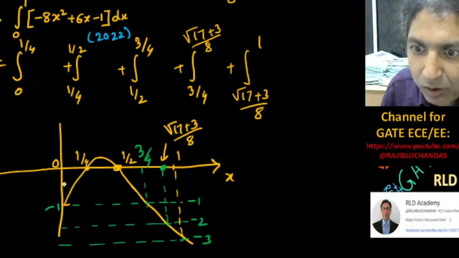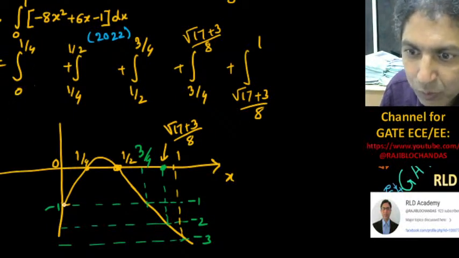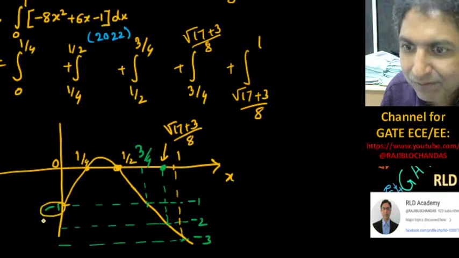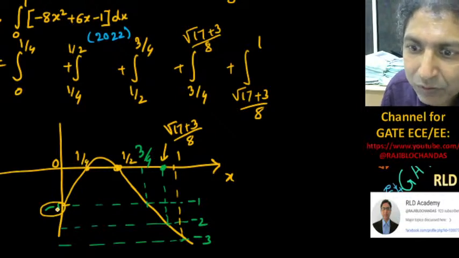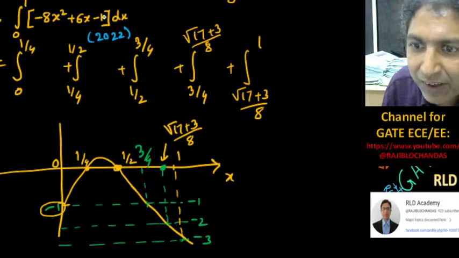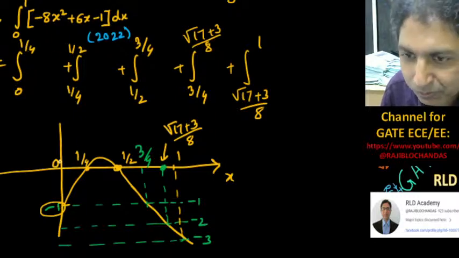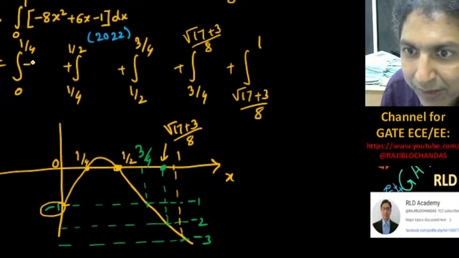So at 0, what is the value? It's minus 1. So this magnitude will vary from minus 1 to 0 within this range 0 to 1/4. So this function value is changing from minus 1 to 0. Okay, some negative, so it is minus 1. Be careful.